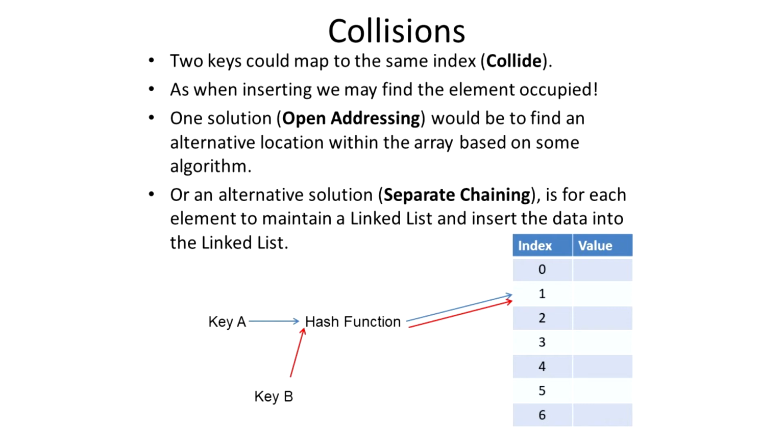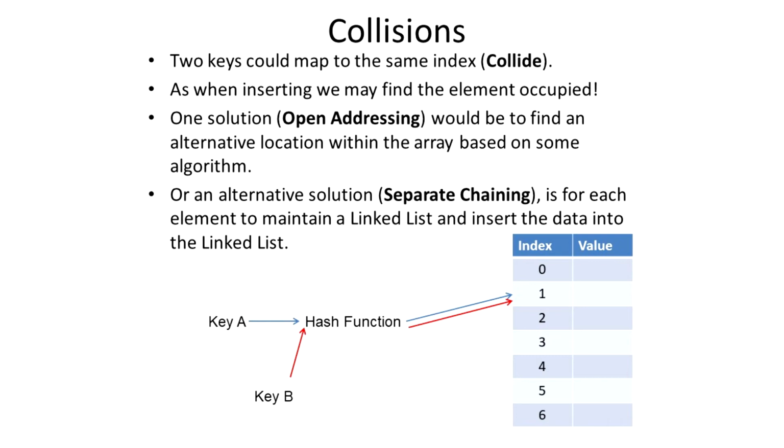The first technique we're going to look at is open addressing, which you may think, because of the name, would belong in the open hashing category, but actually it belongs in the closed hashing category, because in open addressing we create an algorithm to find an alternative location within the array.